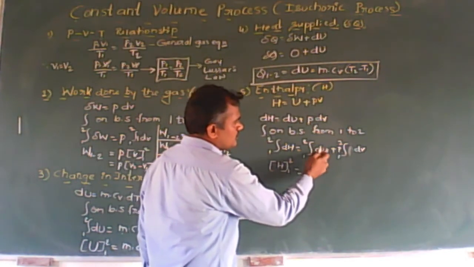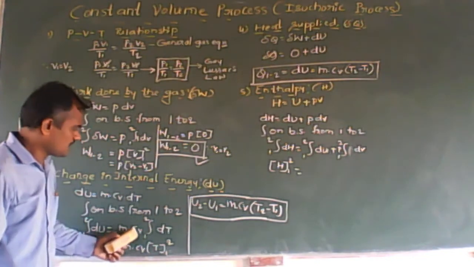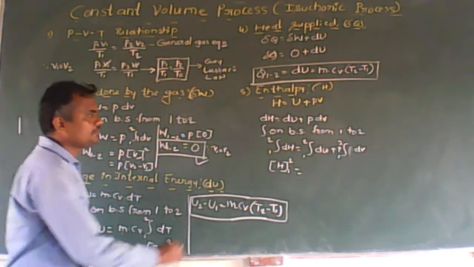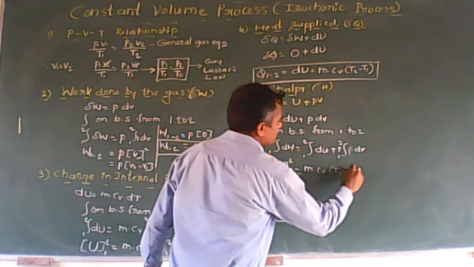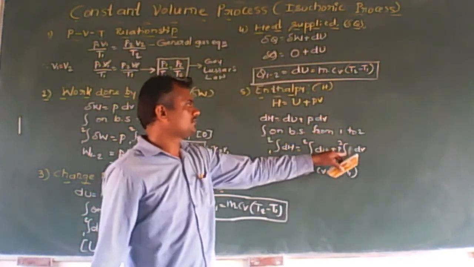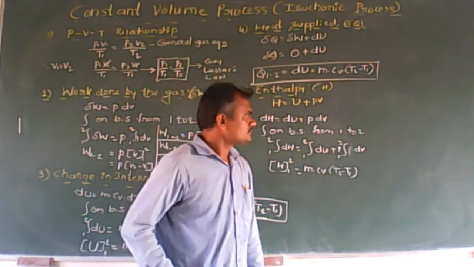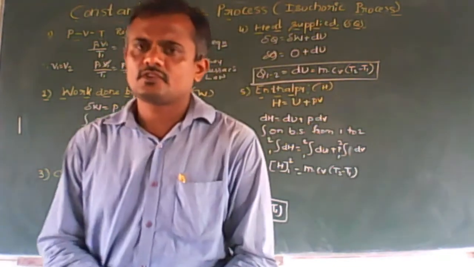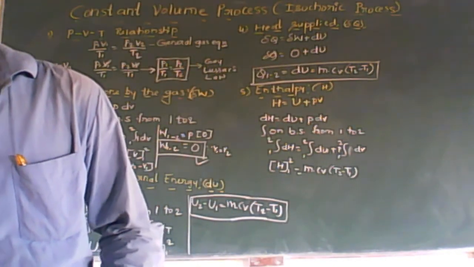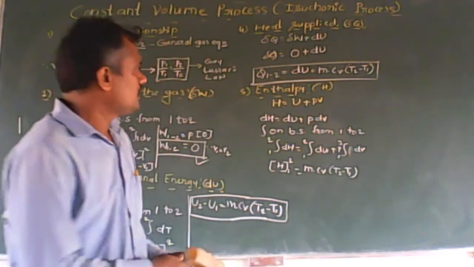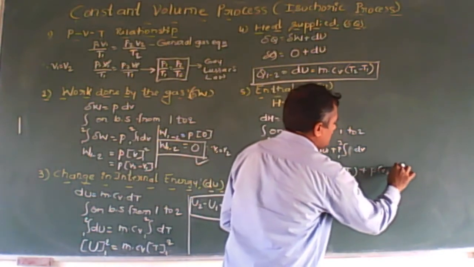What is the expression for dU? We have already done the integration here, and we get the general expression m into Cv into T2 minus T1. And what about this one? This is P into integration of dV. In a direct integration, taking the pressure outside, the integration of dV becomes V2 minus V1, so P into V2 minus V1.